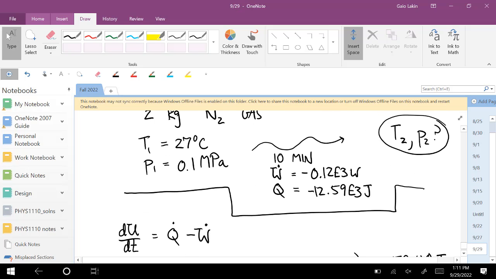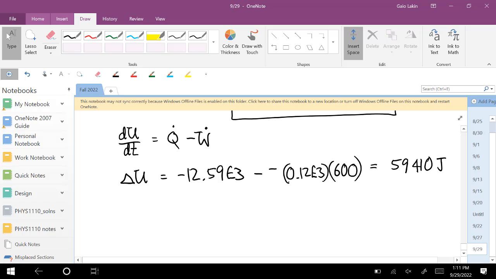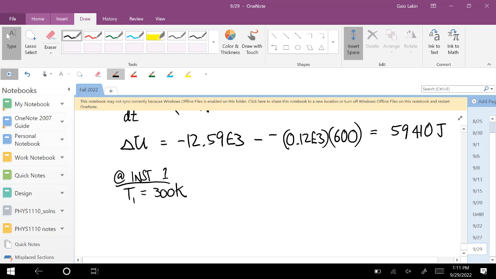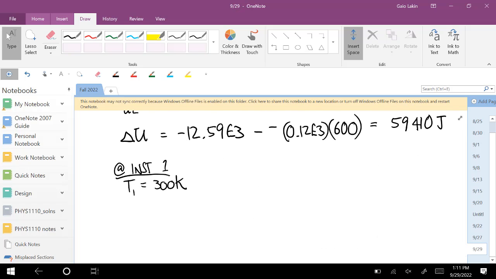Okay, so at this starting temperature, at instant 1, the temperature is 300 Kelvin. And the pressure is 0.1 megapascals.